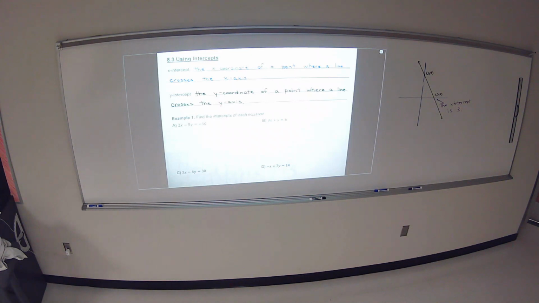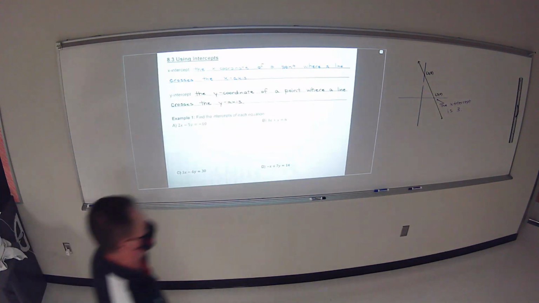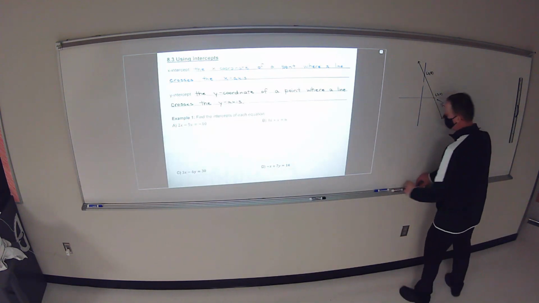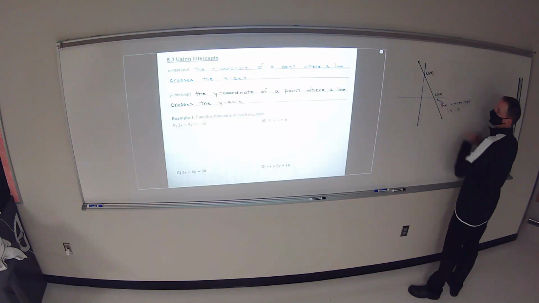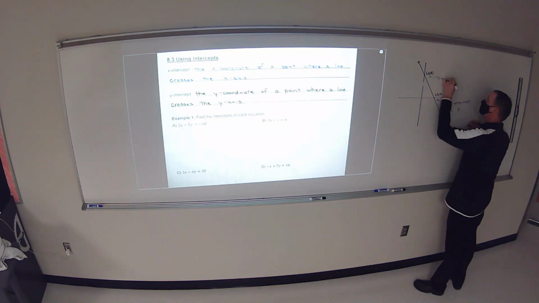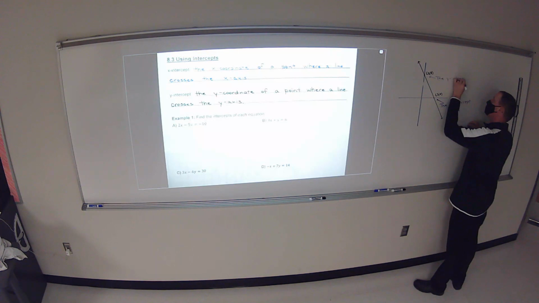So again, if we go back to that graph that I've got sketched over there to the right, we look on the y-axis and we can see that there's the ordered pair of 0, 8. That's the point of where it crosses the y-axis at. But what we're going to be able to say from this information right here is the y-intercept is 8.